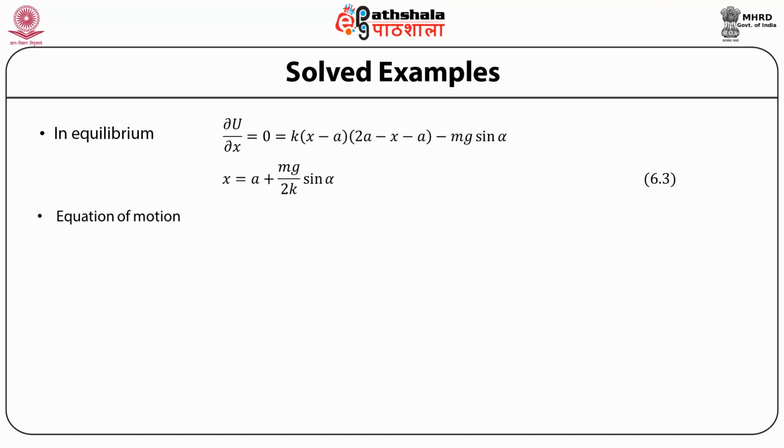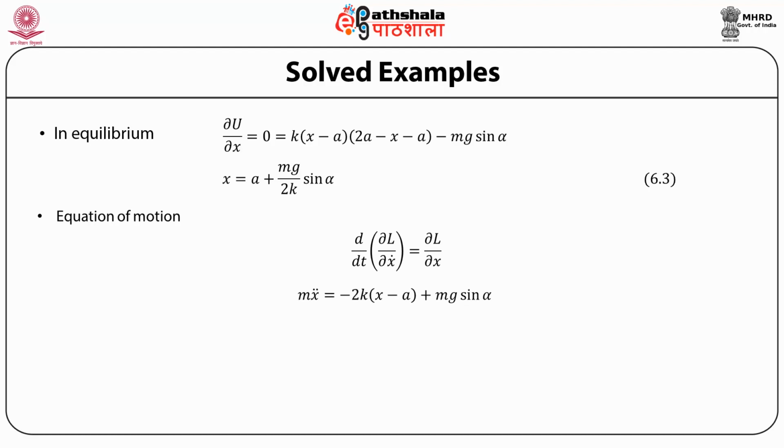Notice that in this problem we have only one degree of freedom, which we have taken to be x along the inclined plane. Taking the partial derivative of L with respect to x dot and then the time derivative, we get the equation of motion as m x double dot is equal to minus 2k (x minus a) plus mg sine alpha.